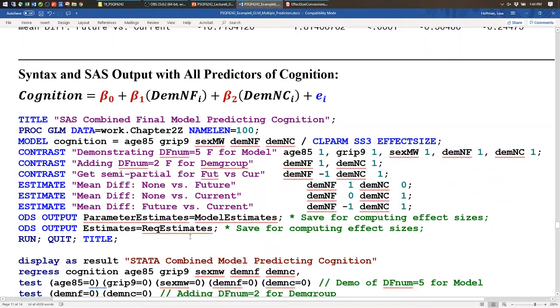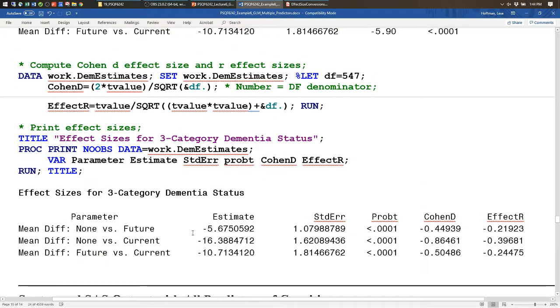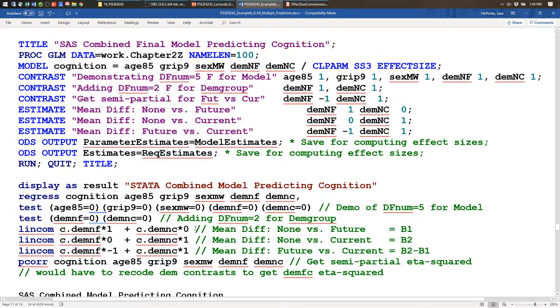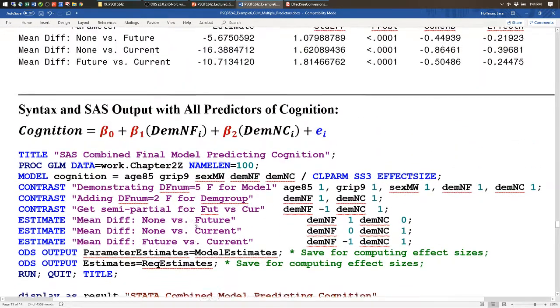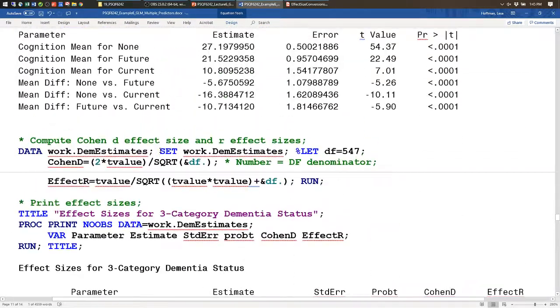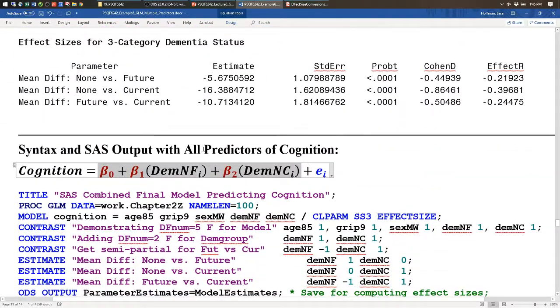Okay. I need to change this. This is another copy-paste error. So I have a heading here with all predictors of cognition, and yet I only have a couple things in here. So let's fix it, shall we?